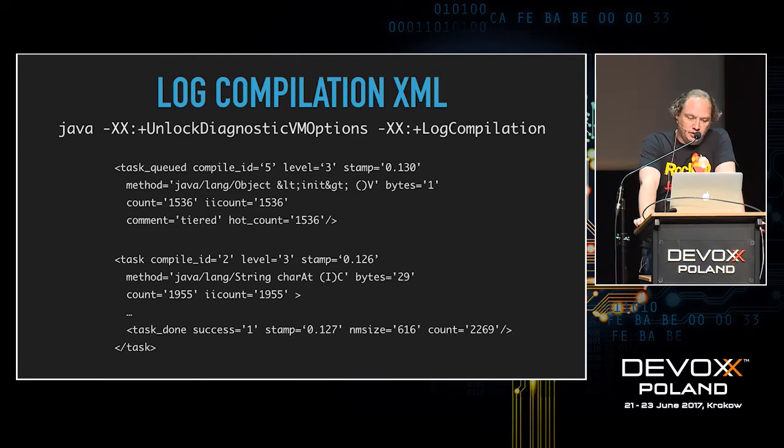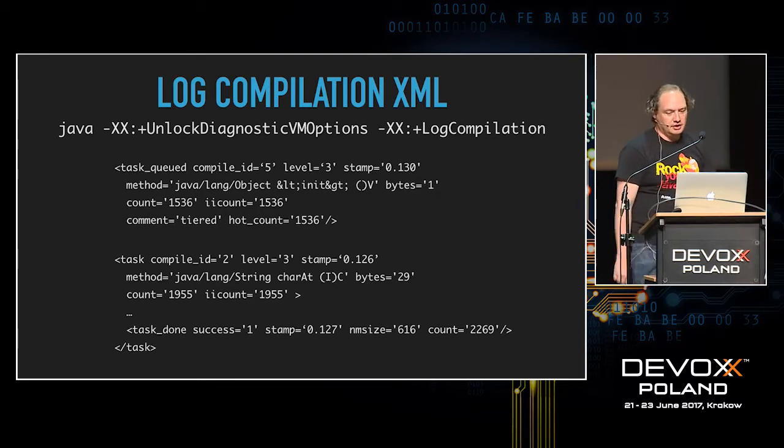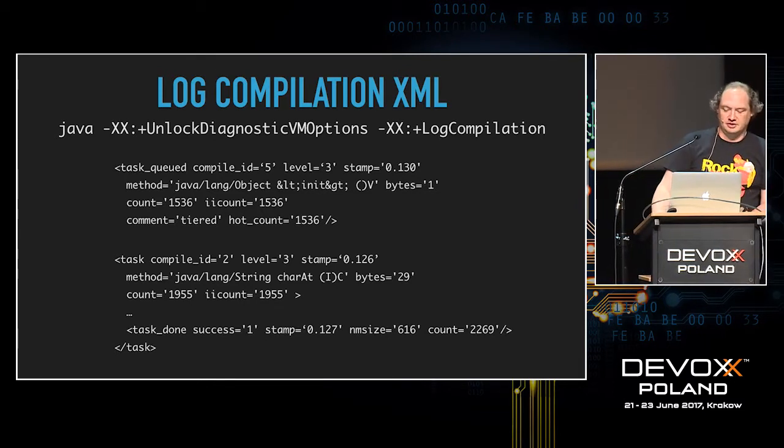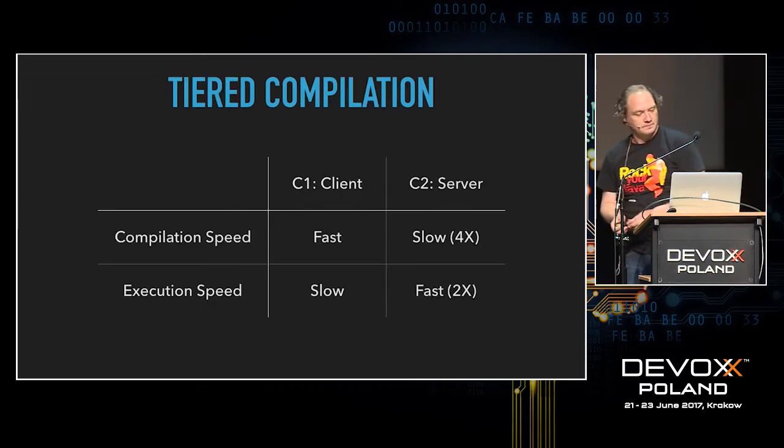You can see when the individual compiles were enqueued. You can see when they finished. It'll actually print out all sorts of information about optimizations that got applied, and profile data, and some other things that we're going to see a little bit later. It is all there. I'm not going to pretend that this is a user-friendly file format.